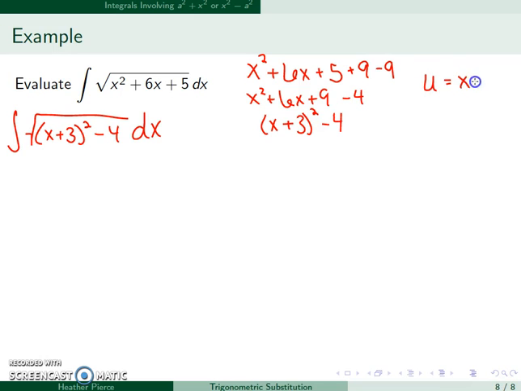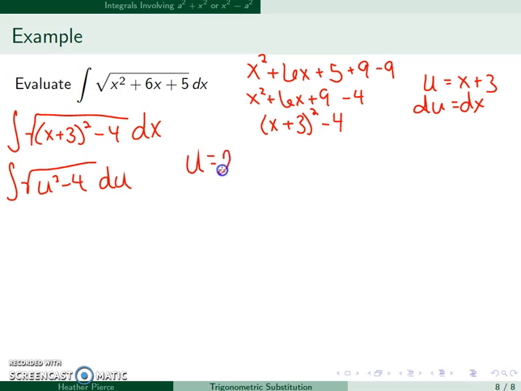So I'm going to let u be equal to x plus 3 and du equal to dx. So this is the integral of the square root of u squared minus 4 du. And now I'm going to do my substitution for trig. This is of the form u squared minus a squared, so this is a secant substitution. I'm going to let u be equal to 2 secant theta, which means du is equal to 2 secant theta tangent theta d theta.